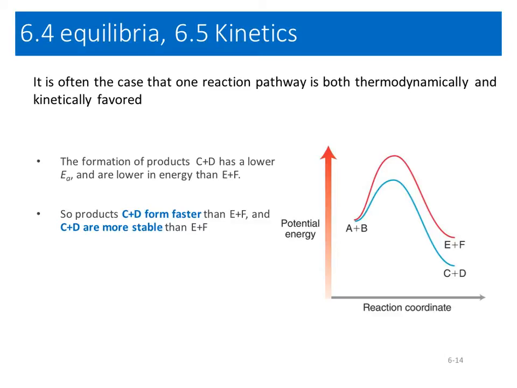For example, products C and D here are more stable than E and F, so they are thermodynamically favored. Also, C and D are kinetically favored as well because the energy barrier here is lower compared to the energy barrier to reach E and F. Therefore, C and D are both kinetically and thermodynamically favored products.